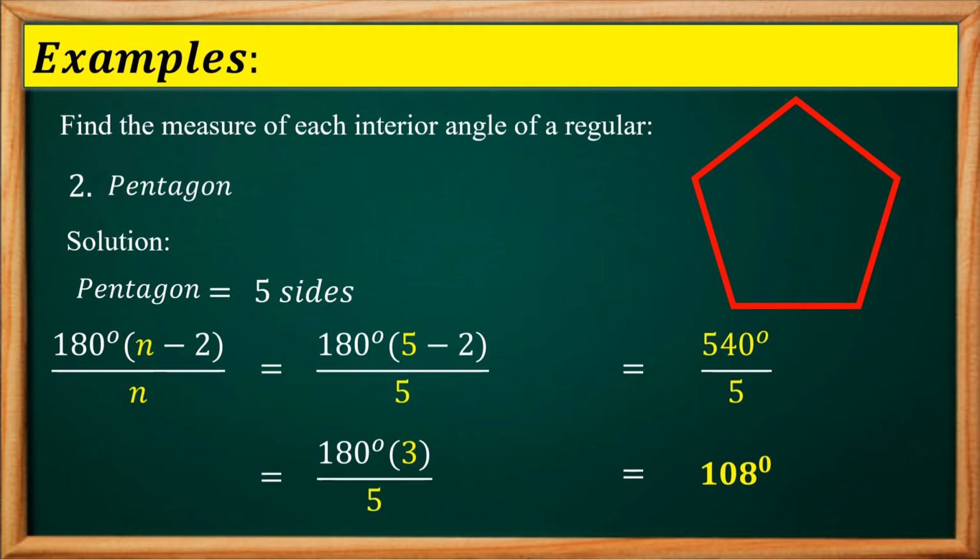If we will have here the pentagon, this one measures 108 degrees, this one is 108 degrees, 108 degrees, and this one is 108 degrees. It is a regular pentagon. Those are how to find the measure of each interior angle of a regular polygon using this formula. Remember, we will use that formula.